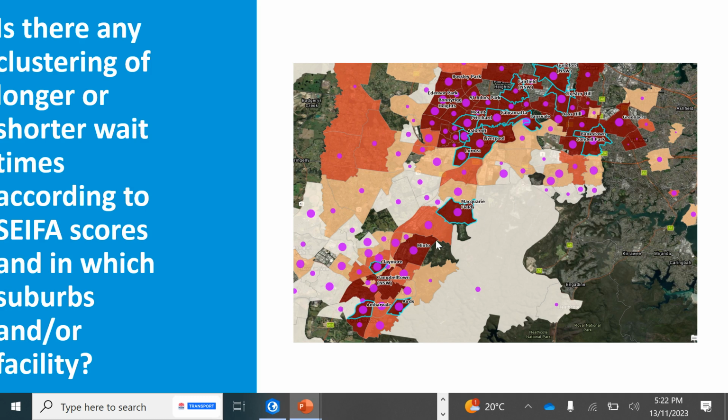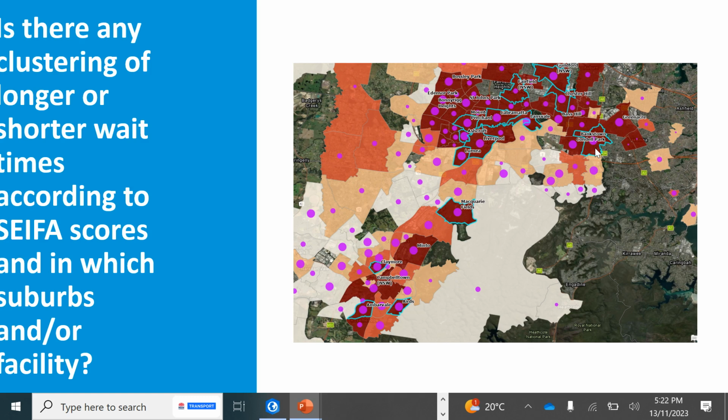If you can see here, several of the suburbs have been selected, and they are colored light blue, like Lorena, around Ashcroft, some areas around Campbelltown, and some areas around Bankstown.